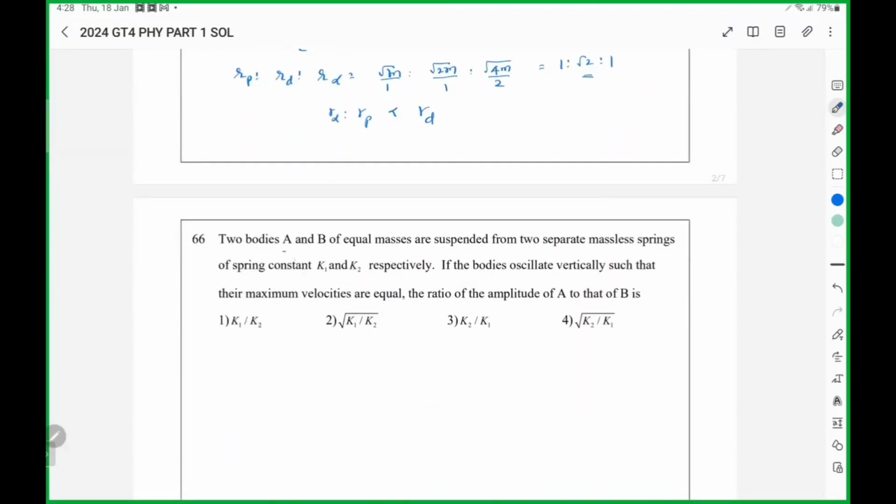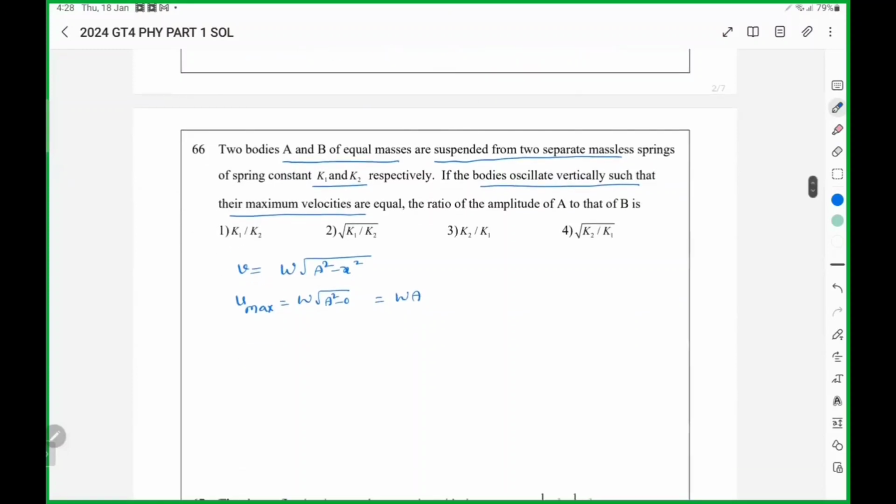Here, two bodies A and B of equal masses have different spring constants. The bodies oscillate vertically such that their maximum velocities are equal.